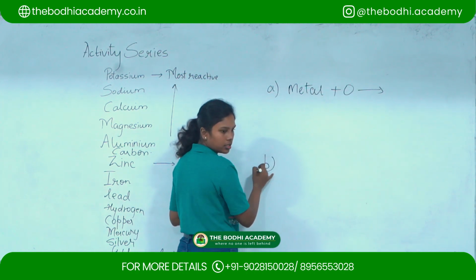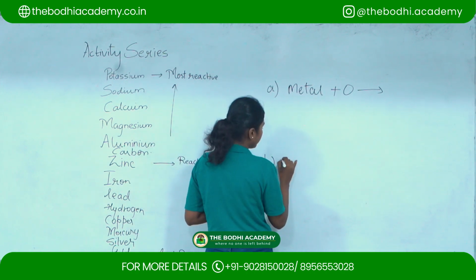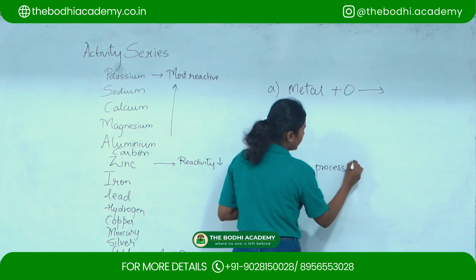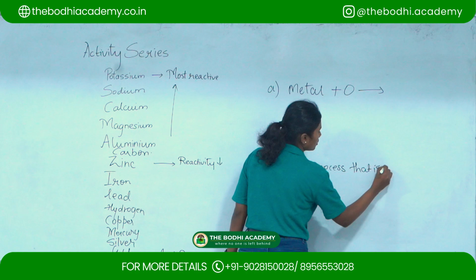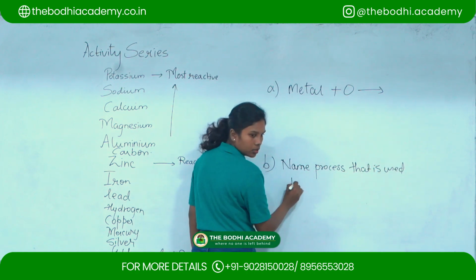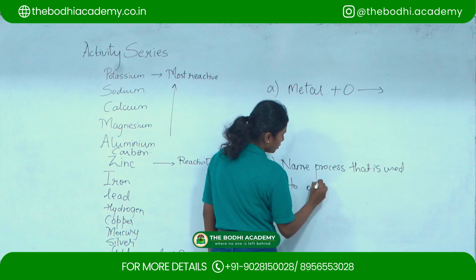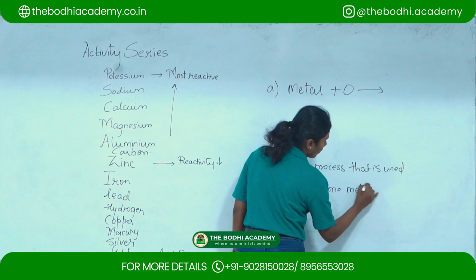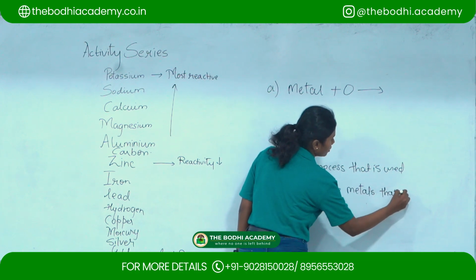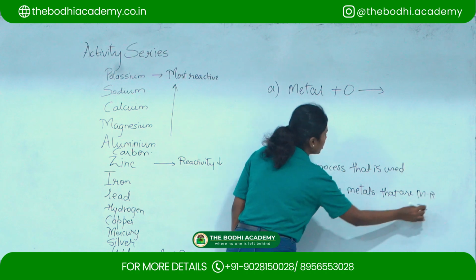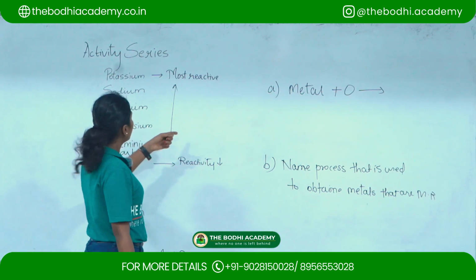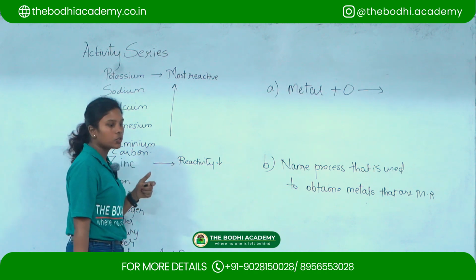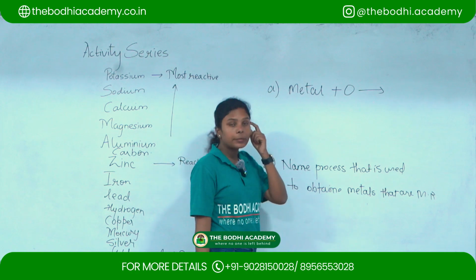And second question is, name the process that is used to obtain metals that are most reactive. Okay, so we are basically talking about the top of the reactivity series, that is potassium, sodium, calcium, magnesium, aluminum.